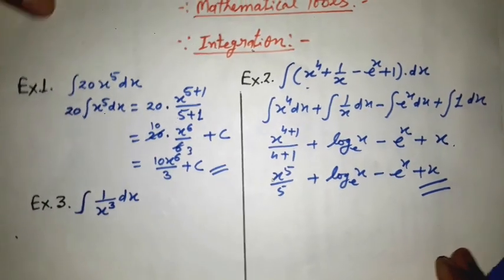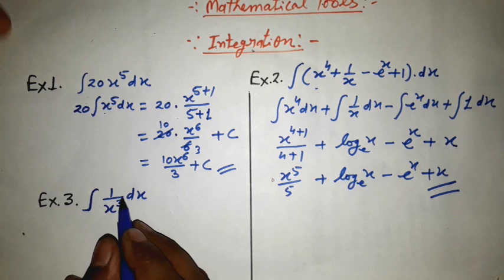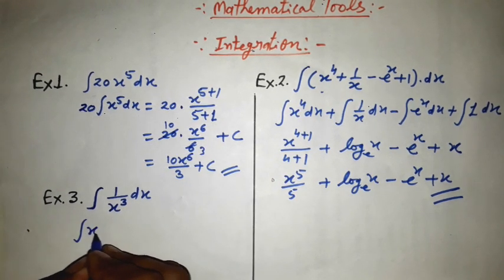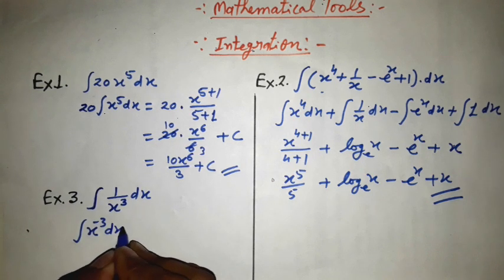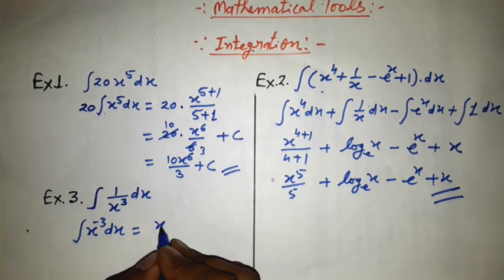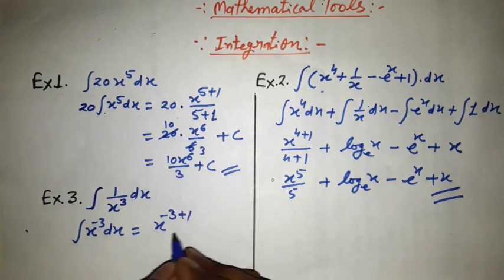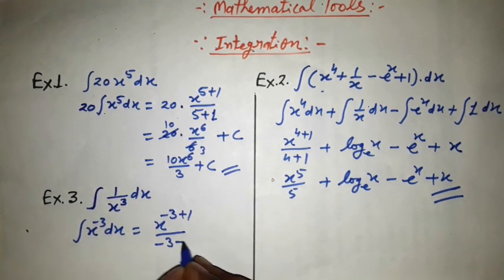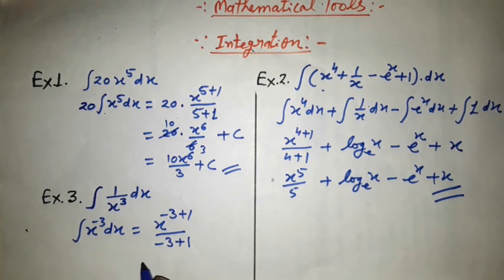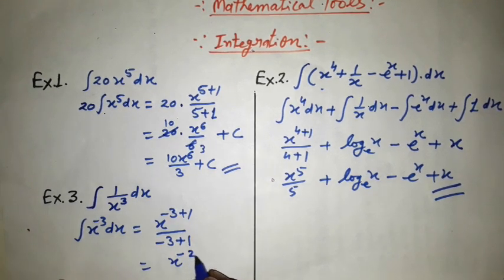Now the next question is integration of 1 upon x cube dx. Then this term will be written as x to the power minus 3 dx. Then this will be x to the power minus 3 plus 1 upon minus 3 plus 1. So this is x to the power minus 2 upon minus 2.